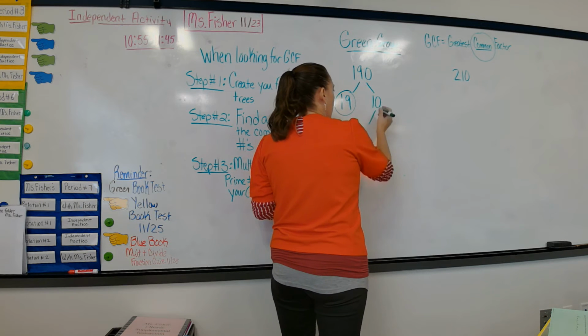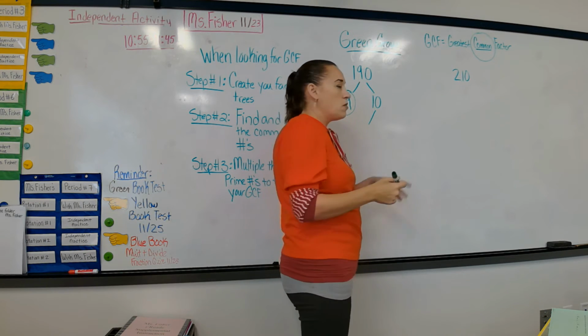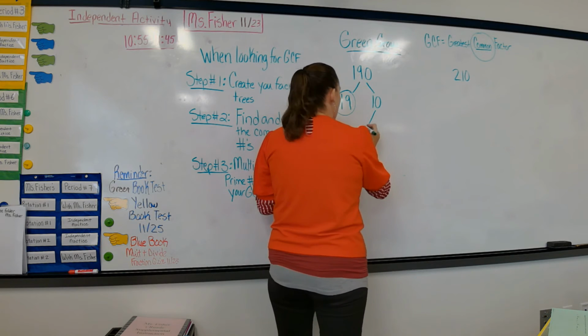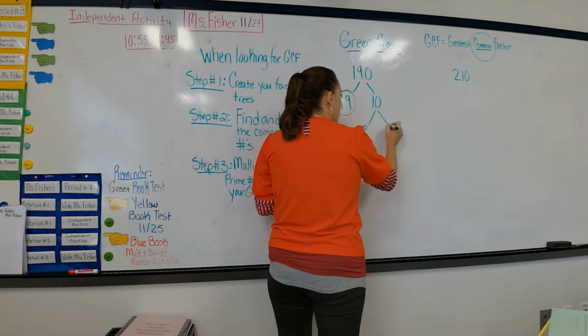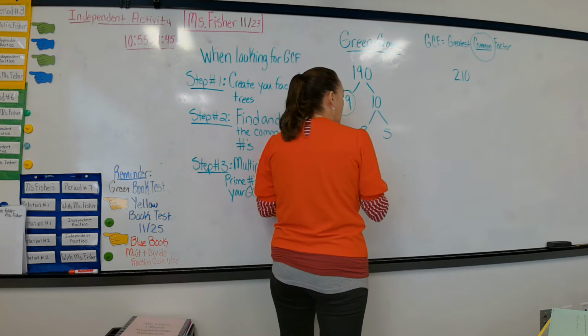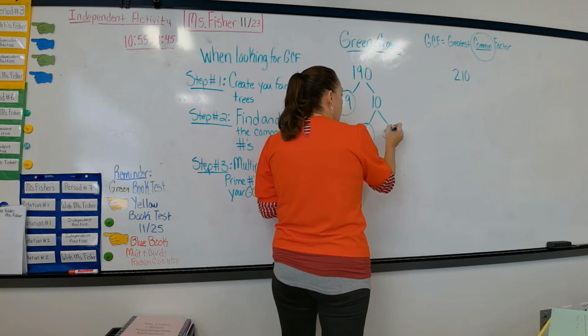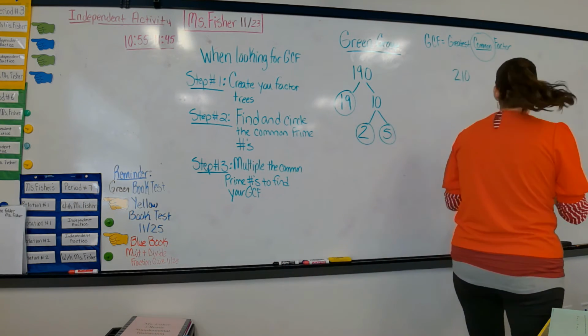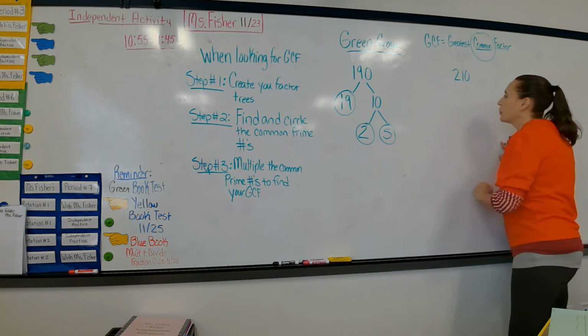Okay? So 10 is a composite number. It's an even number, so you know for a fact you can divide a 2 into it. So we're going to divide it by 2. 2 times 5 equals 10, both of which are prime numbers, so we circle it and we're done. So that's why I wanted to divide by 10. Makes it super easy, okay?